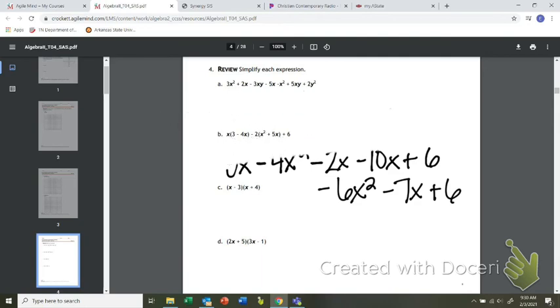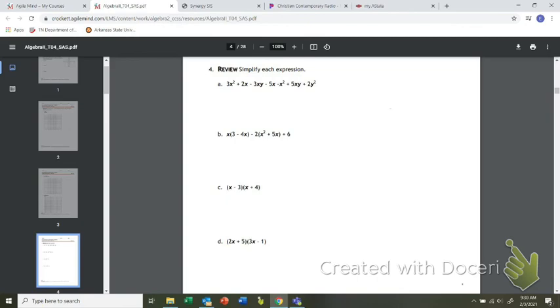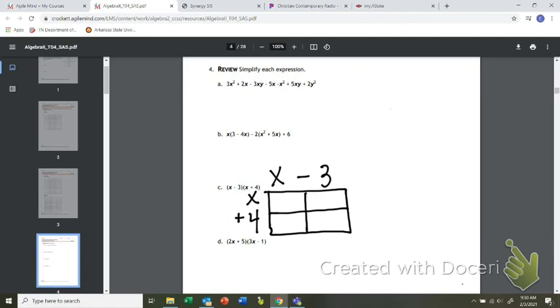And then on the last one, or the last two, I know you know how to do this, so let's use the box method. So x minus 3, x plus 4. Same thing here. 2x plus 5, 3x minus 1.